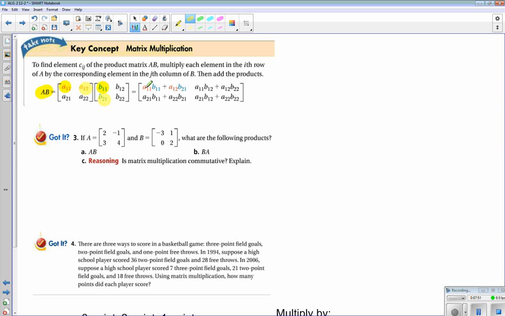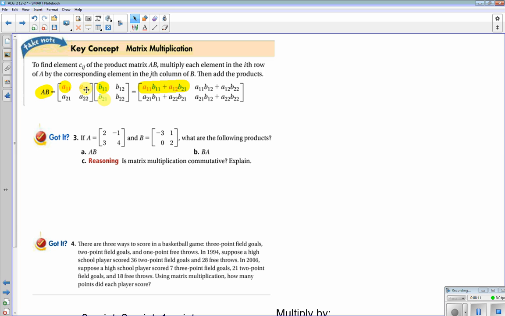Okay, so to get this term, I take my first term in A and my first term in B and multiply it together, and then I go to the right in A and then I go down in B.